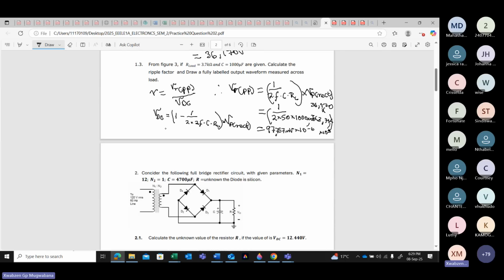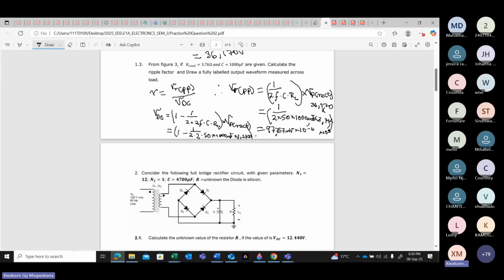When you substitute, you're going to have 1 minus 1 divided by 2 times 2 multiplied by your frequency, which is 50, multiplied by the capacitance value, which is 1000 microfarad, multiplied by your resistance, which is 3,7 kilo ohms.